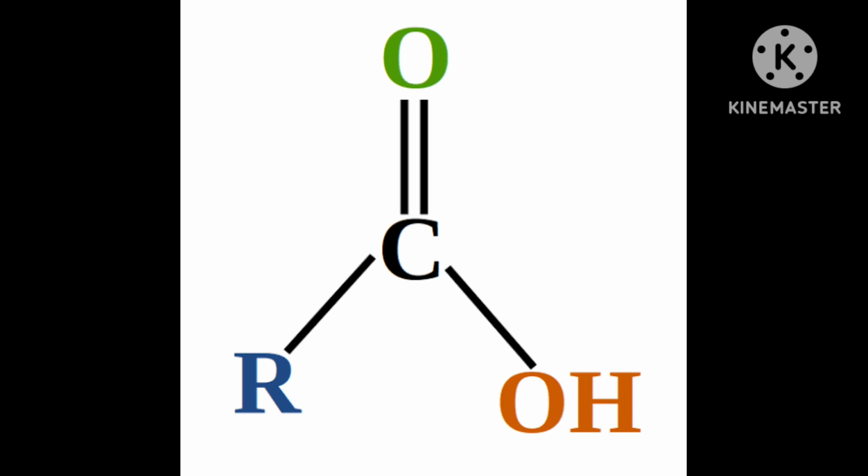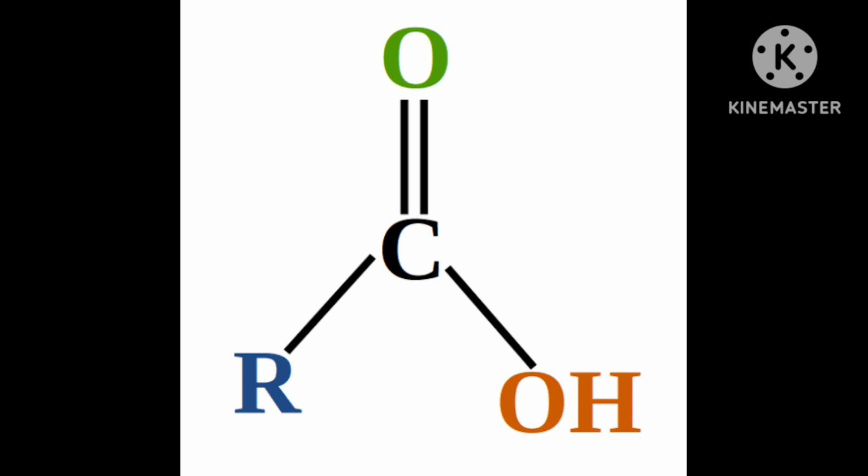In numbering the carbon chain, the carboxylic carbon is numbered 1. For naming compounds containing more than one carboxyl group, the ending E of the alkane is retained.